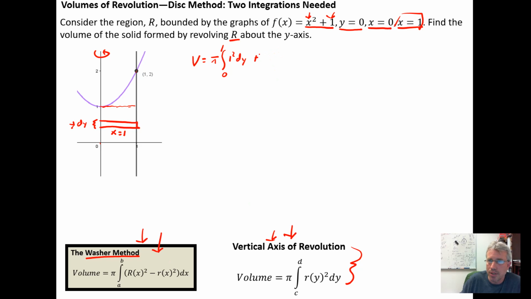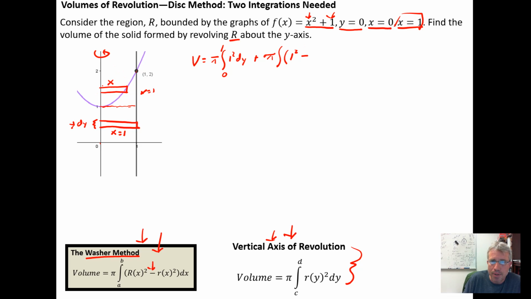I'm going to take pi times the large radius, but the large radius, the representative rectangle, is still going to be all the way out to the line x equals 1. So the outer radius is going to be 1 squared, and then it's going to be minus the inner radius, and my representative rectangle for the inner radius is going to be sitting right here, and the parabola is controlling the inner radius.